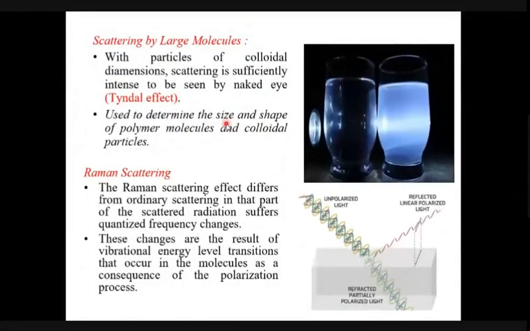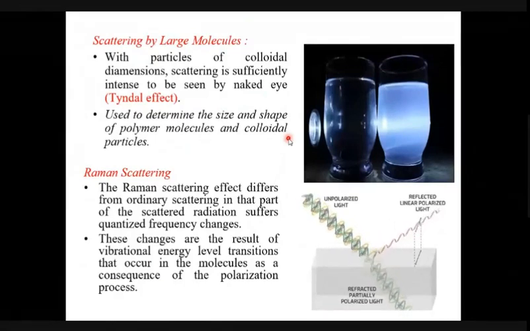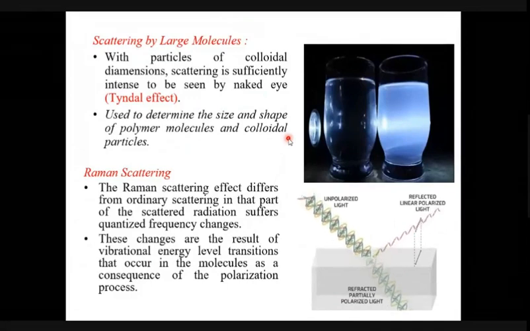So, observe these two glasses. So, scattering by large molecules. Scattering by large molecules, with particles of colloidal dimensions, that is significantly large particles. The scattering is sufficiently intense to be even seen by the naked eye.